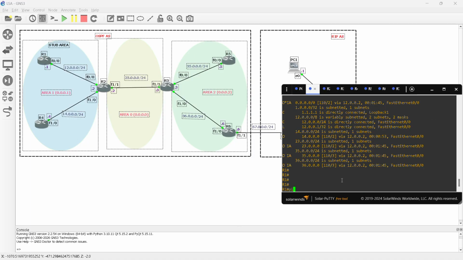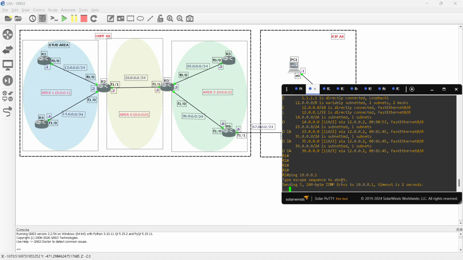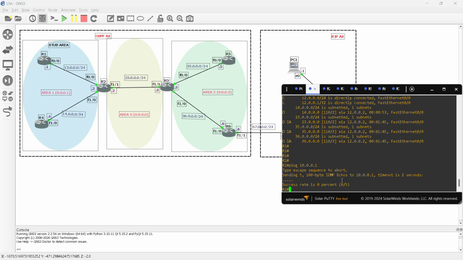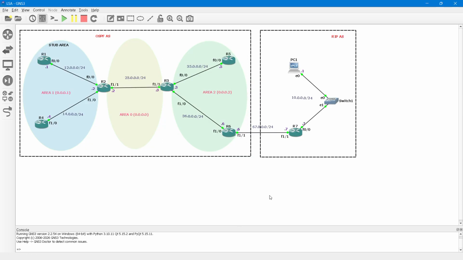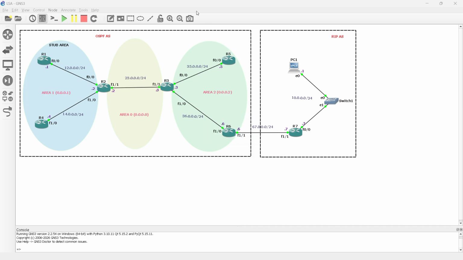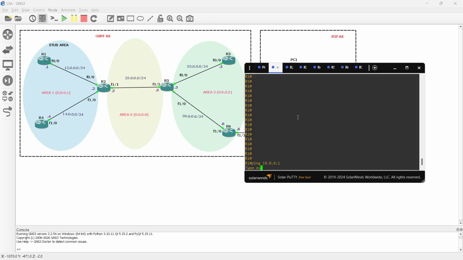Okay, now we'll say ping 10.0.0.1. Now if you check, it's working, right? So the connectivity is still there because of the default route. So this was the configuration for our stub area.